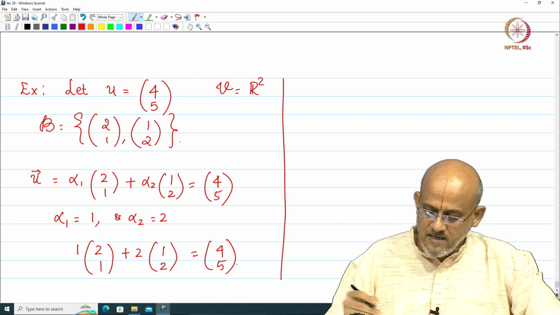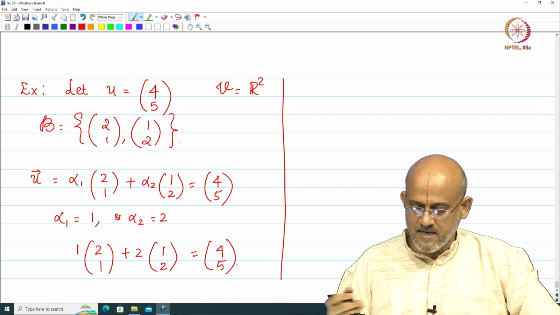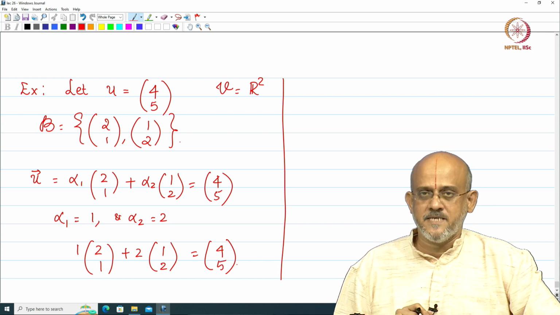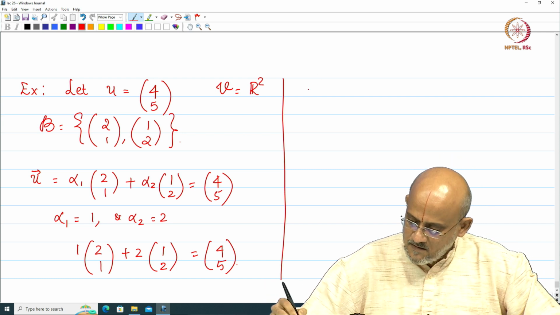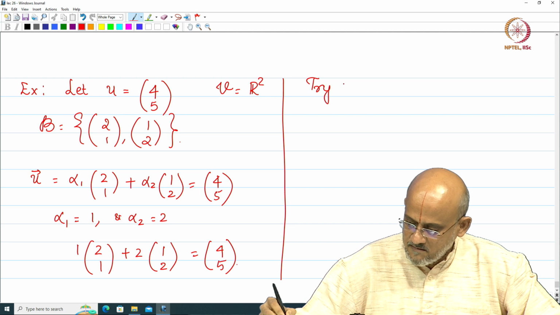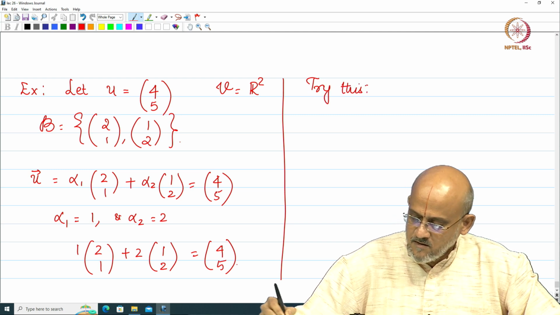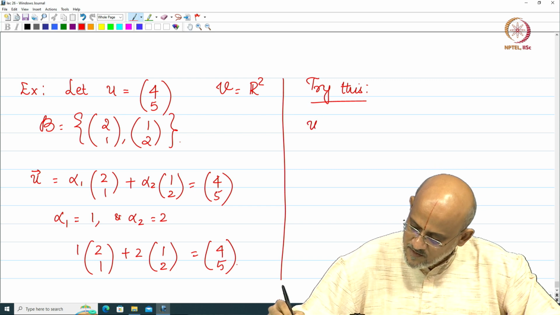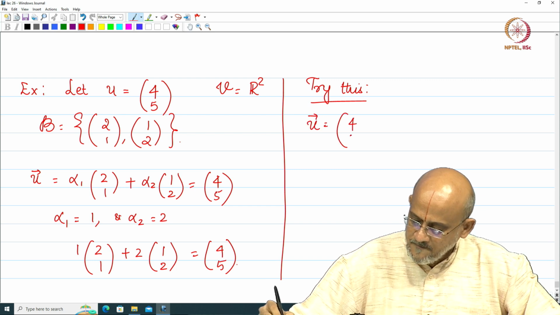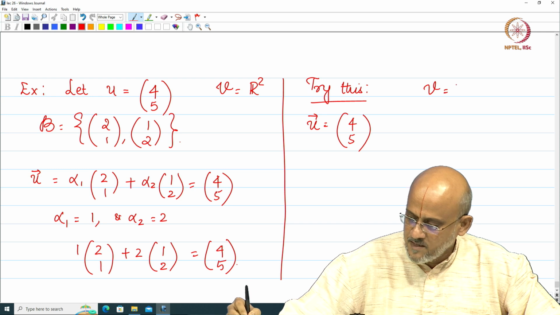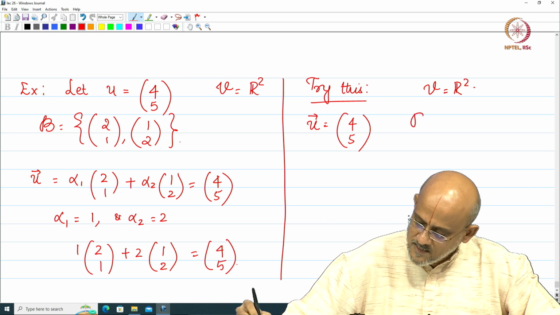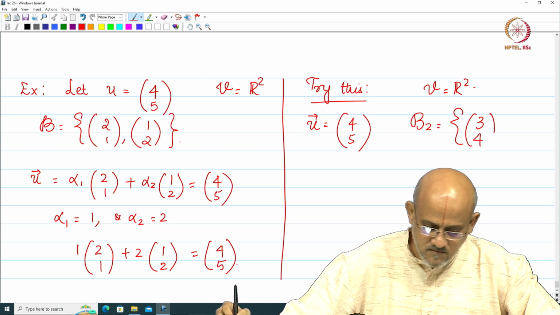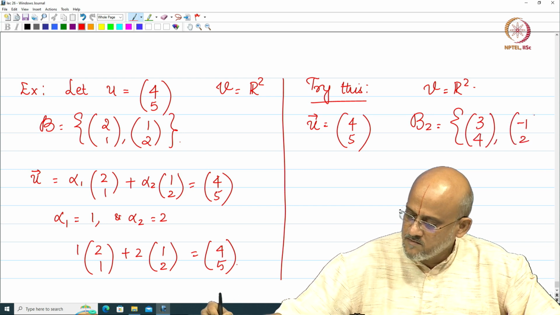You can figure out in any other basis, you can solve and then get the scalars corresponding to that particular basis that you choose. For example, we can try this. We are going to look at the same vector u, which is 4 5. I am going to look at the vector space to be R2 and I am going to look at a second basis, which is say 3 4 and minus 1 2.